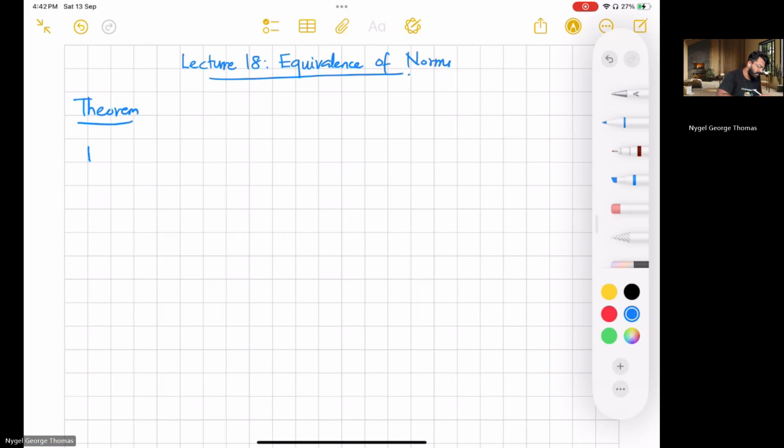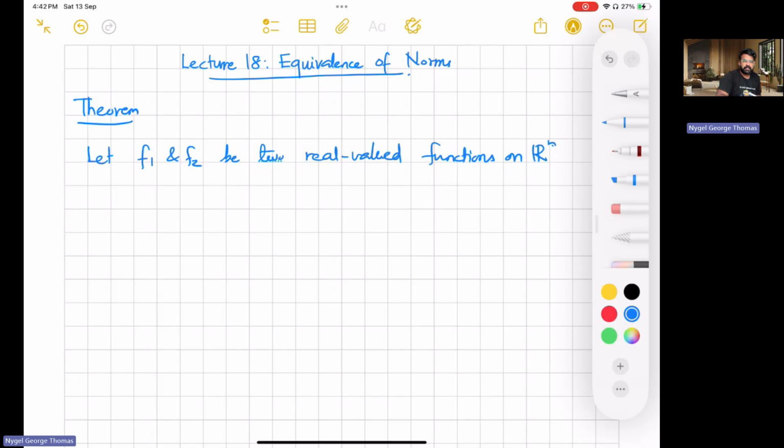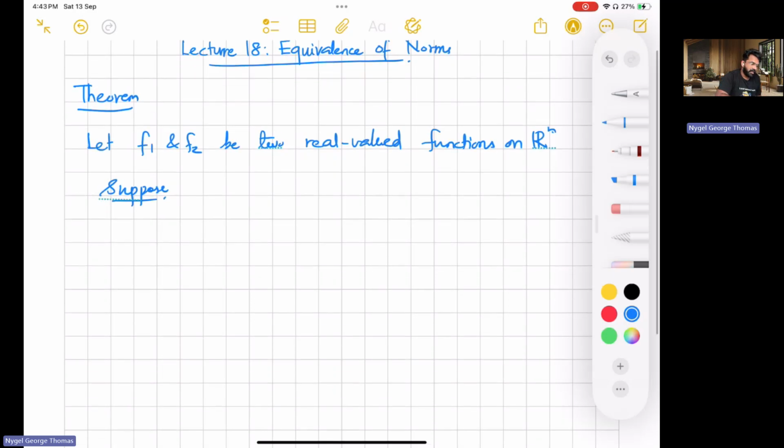Let f1 and f2 be two real valued functions on Rn, note that this n is finite. So this is for finite dimensional spaces. And suppose these properties hold for functions f1 and f2.